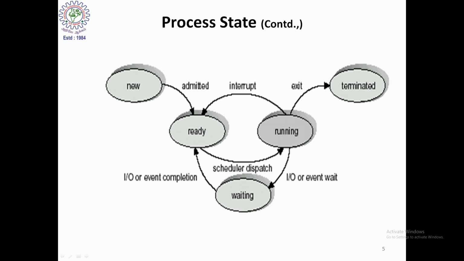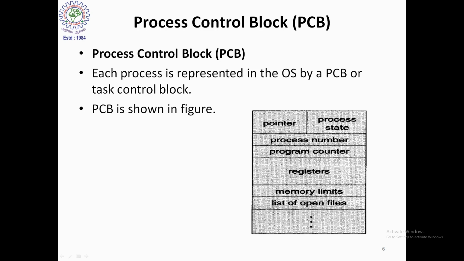So these are the different process states available in a system, and all the processes will be in any one of these five states at any instant of time. And every process will have its own process control block. This process control block is also called a task control block.